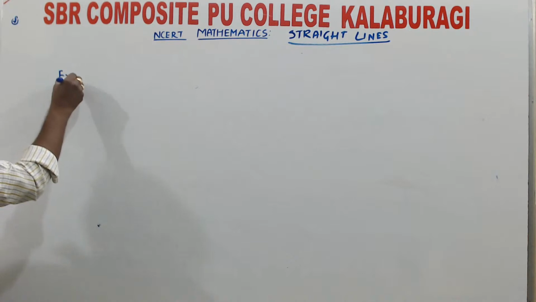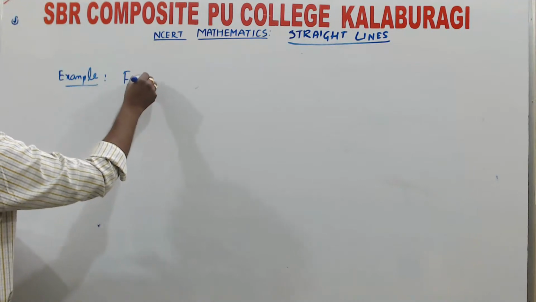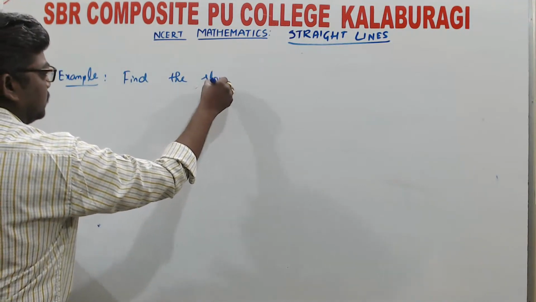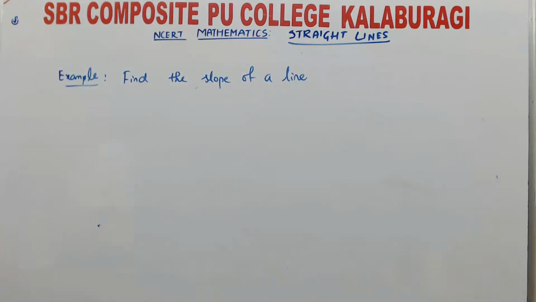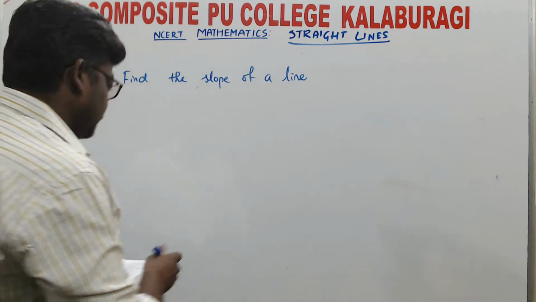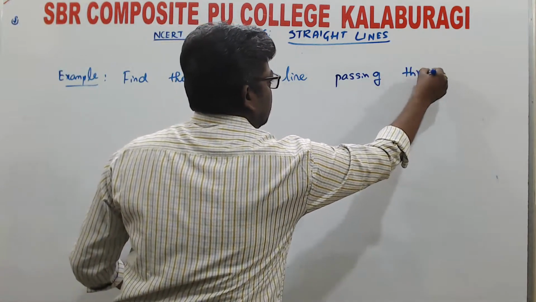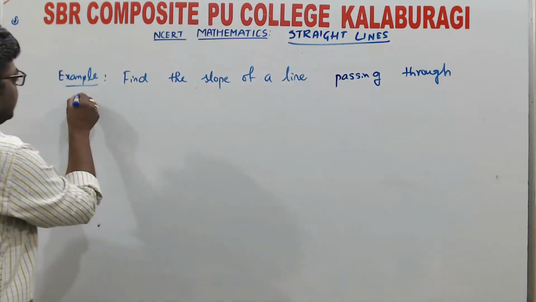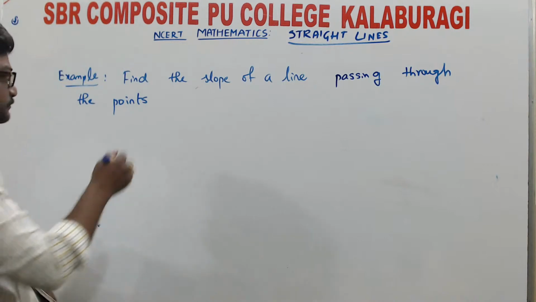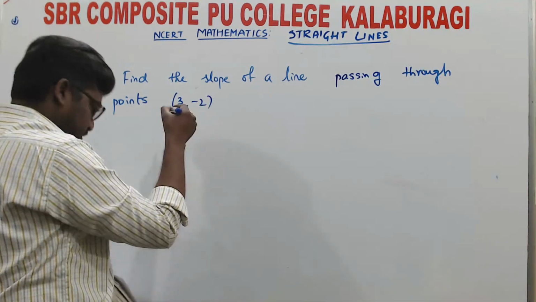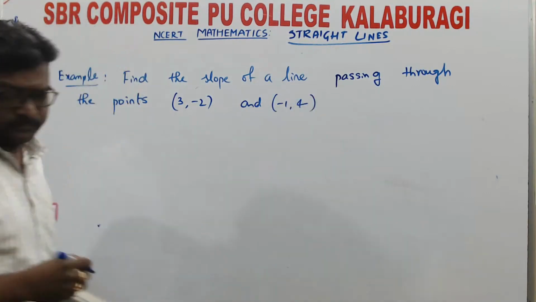Example: find the slope of a line passing through the points (3, -2) and (-1, 4).